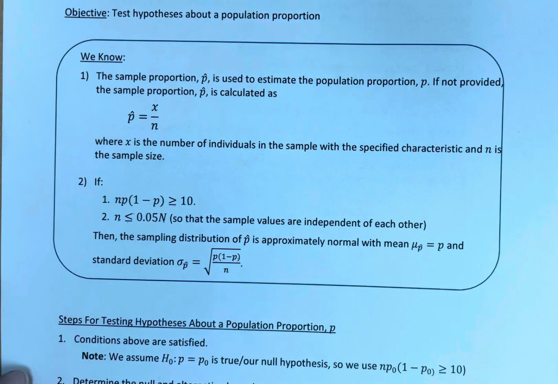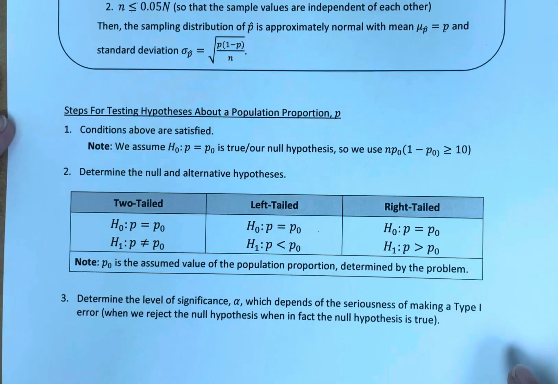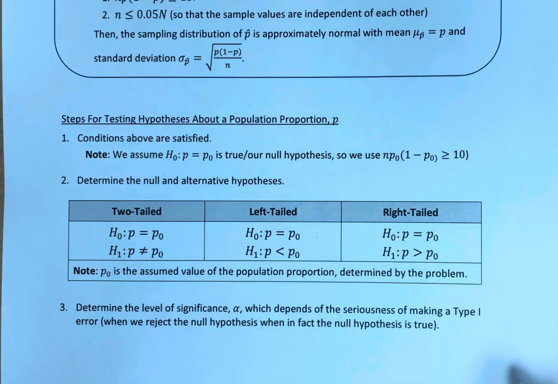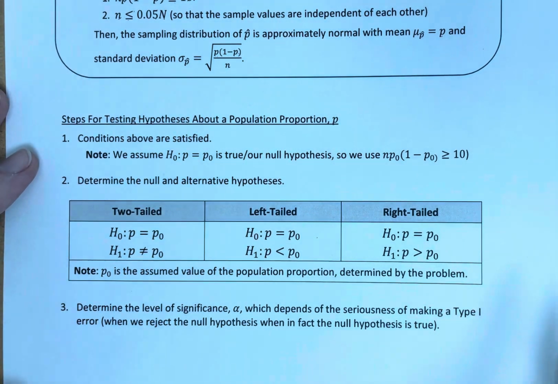Okay? So what are the steps for testing a hypothesis about a population proportion?